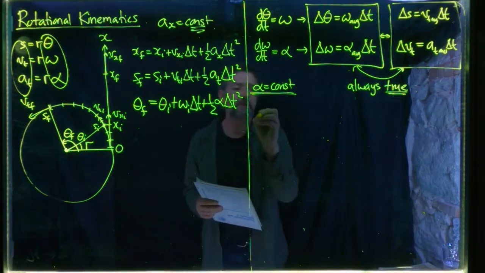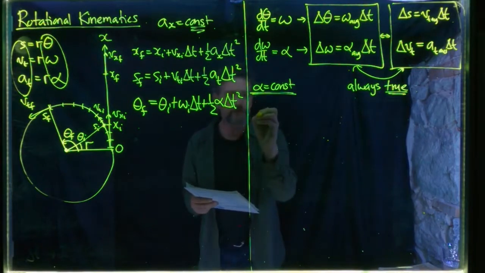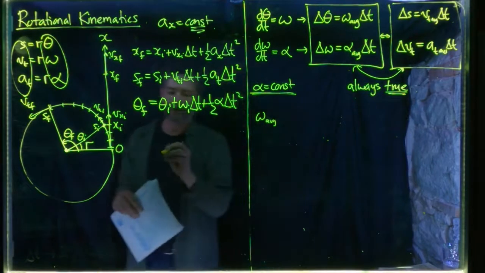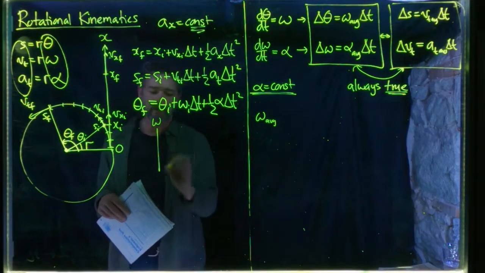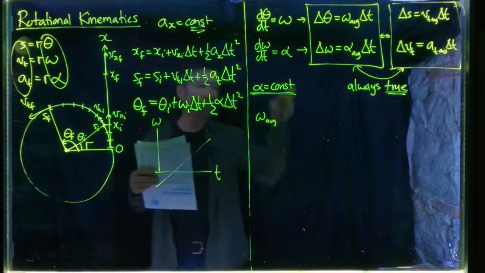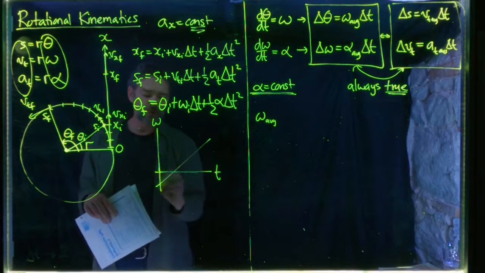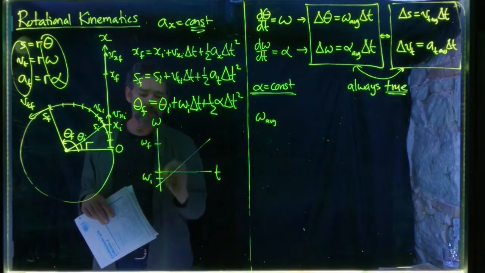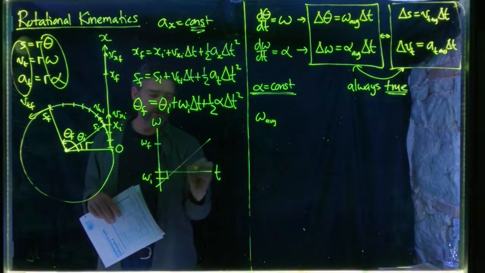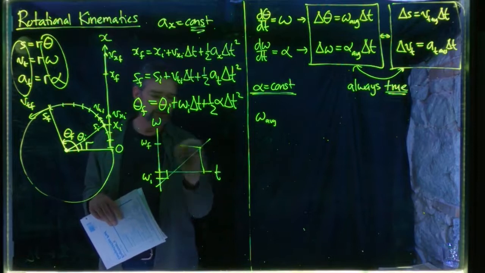And so that means that omega average, let's do this one first, let me put it here. So here's omega as a function of time. And so if alpha is constant, it means that omega is changing linearly with time. So maybe this is omega initial, maybe this is omega final. So omega initial is here at some time t initial, here's t final, and here's omega final.